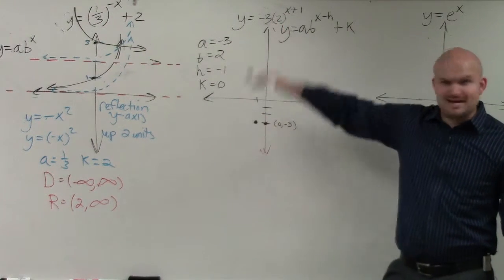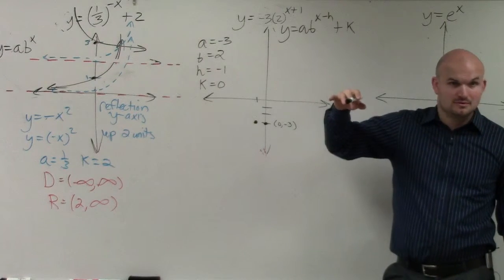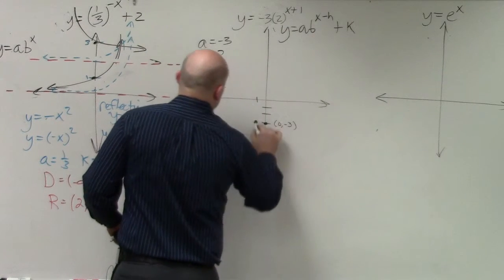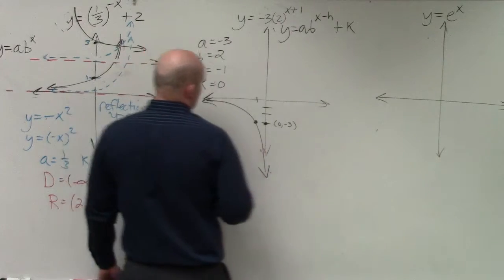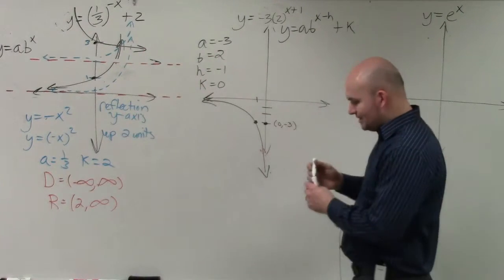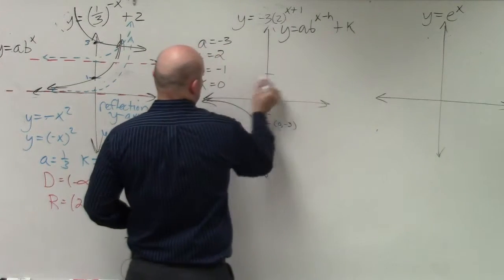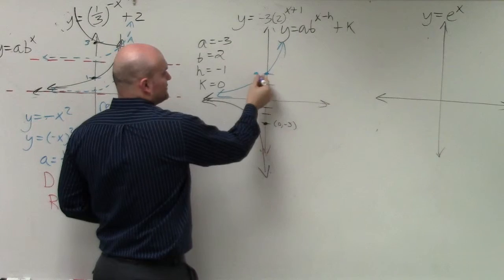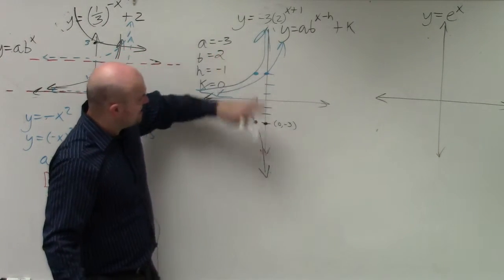However, did I move my asymptote at all? Did I shift up or down at all? No, I didn't shift at all. All it is, guys, is a reflection. Here's what the original graph would look like. And if you shift it left 1, now it looks like this. All I did was take that graph and reflect it.